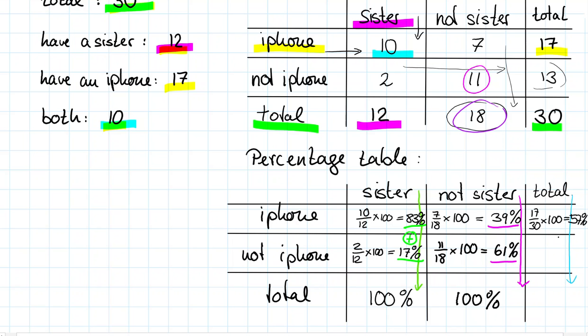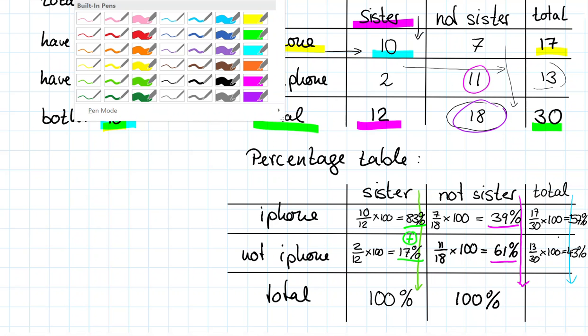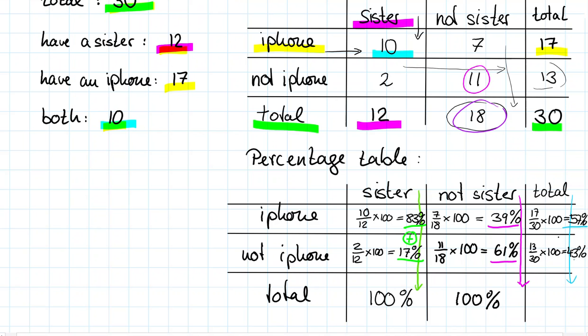Also, the next one is 13. 13 people do not have an iPhone. 13 people out of 30 times by 100, and that gives you the percentage 43%. So if we add those two up, we then again get 100%.